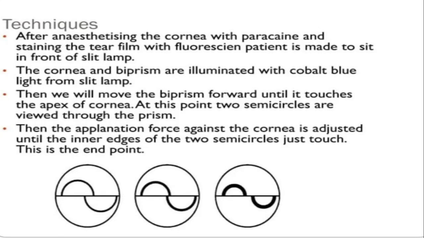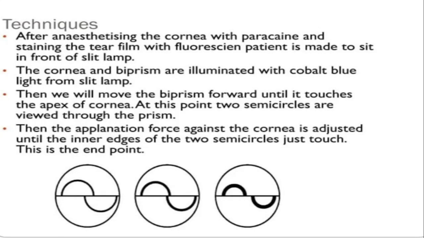Number 6. The examiner adjusts the tension on the tonometer until two green semicircles are seen, with the edges just touching each other. This indicates that the pressure on the cornea is 10 mmHg.